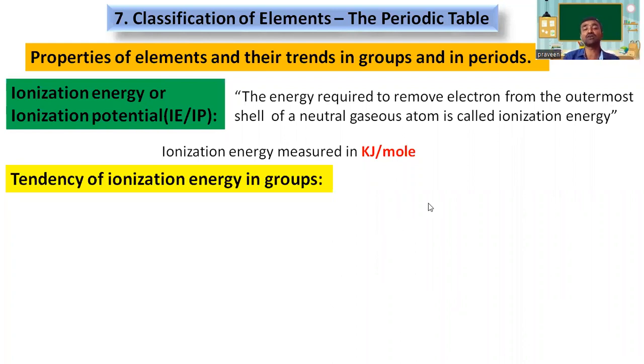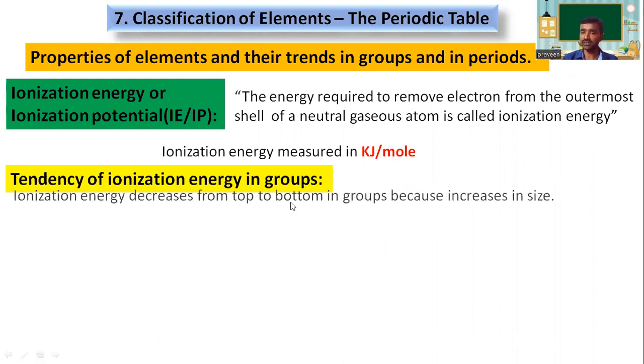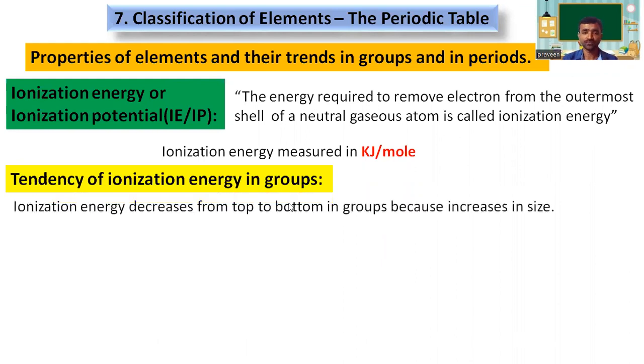The tendency of ionization energy in the group: does it increase or decrease? It decreases. Why does ionization energy decrease? Atomic size is increasing.